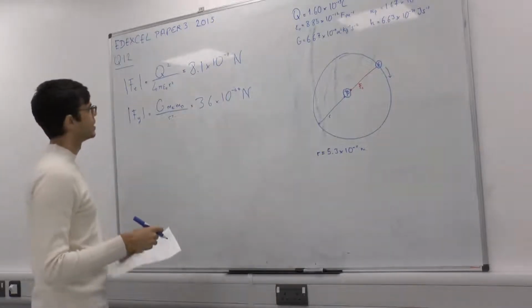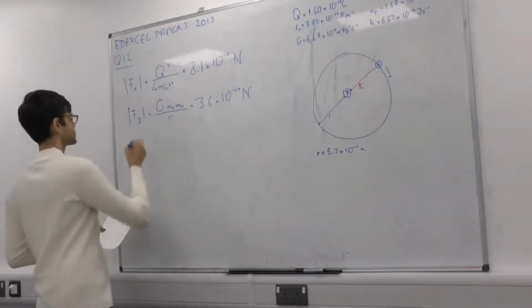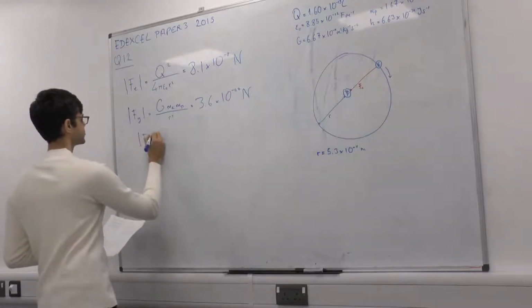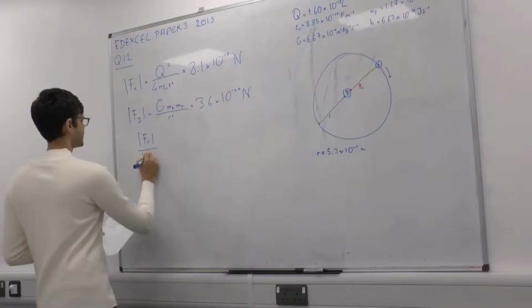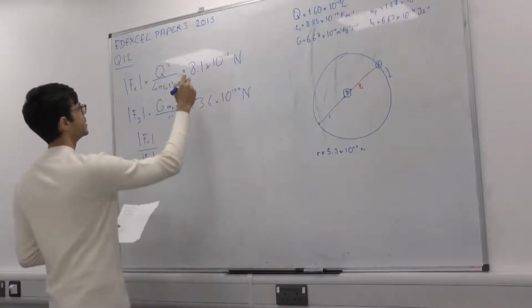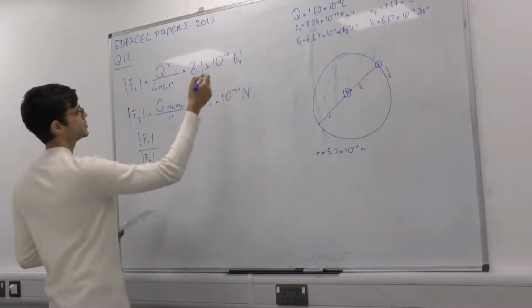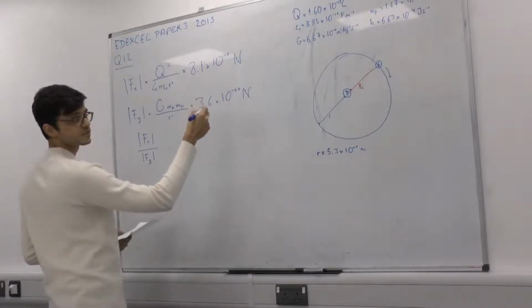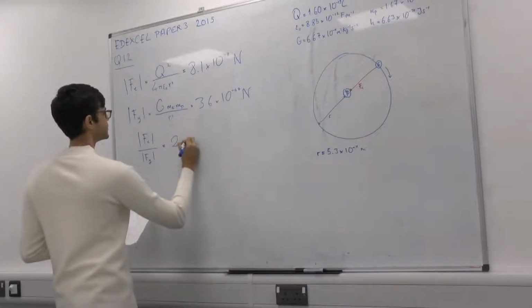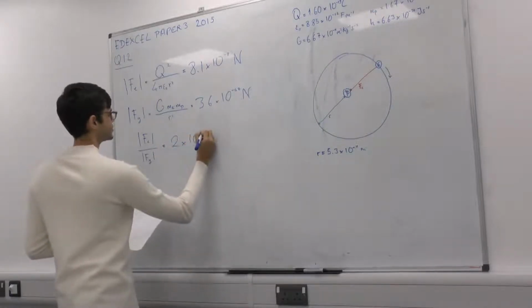And to really show this, we're going to take a ratio of both forces. So we're going to divide the electrostatic force by the gravitational one. Dividing 8.1 times 10 to the minus 8 newtons by 3.6 times 10 to the minus 47 newtons, we obtain a ratio of 2 times 10 to the 39.